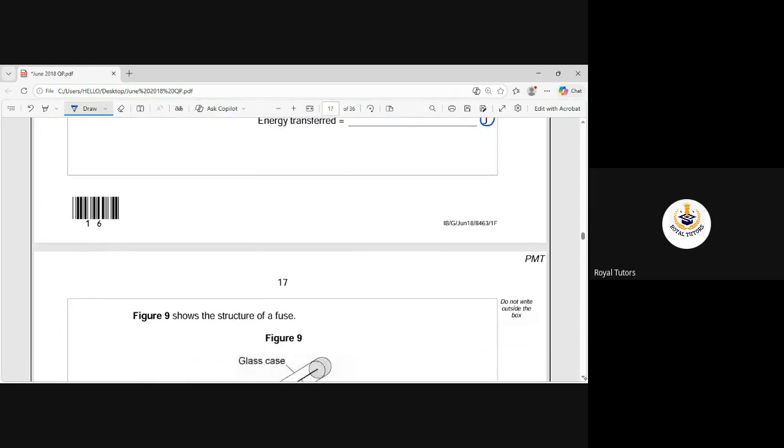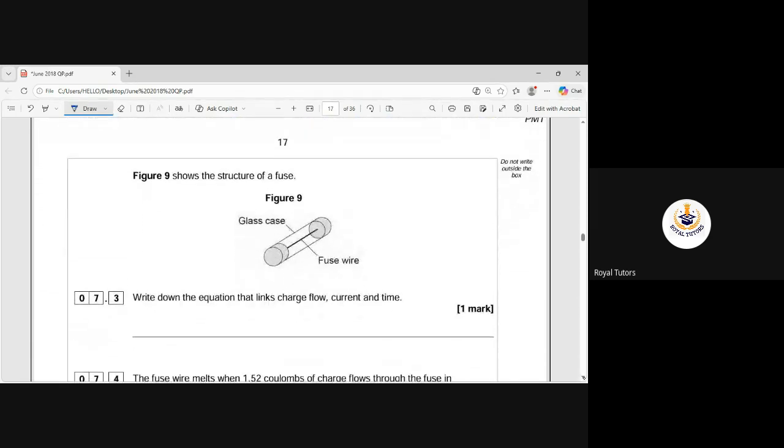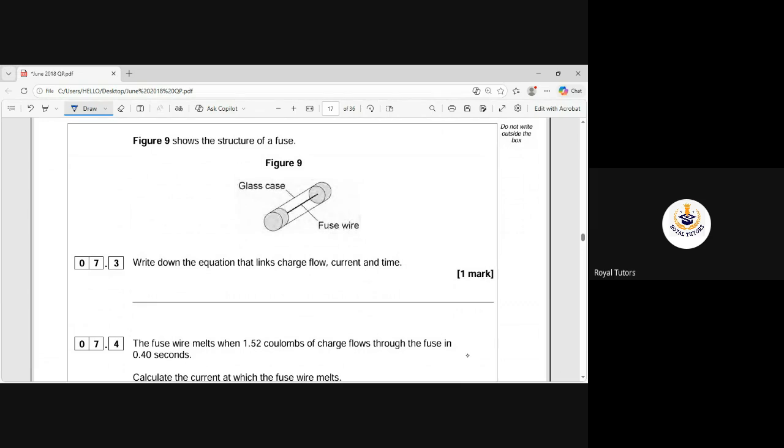Then we have the next question. It says figure 9 shows the structure of a fuse. If you have an electrical kettle, if you take your time to look at the power cord, you must have seen this. They say write the equation that links charge flow, current, and time.